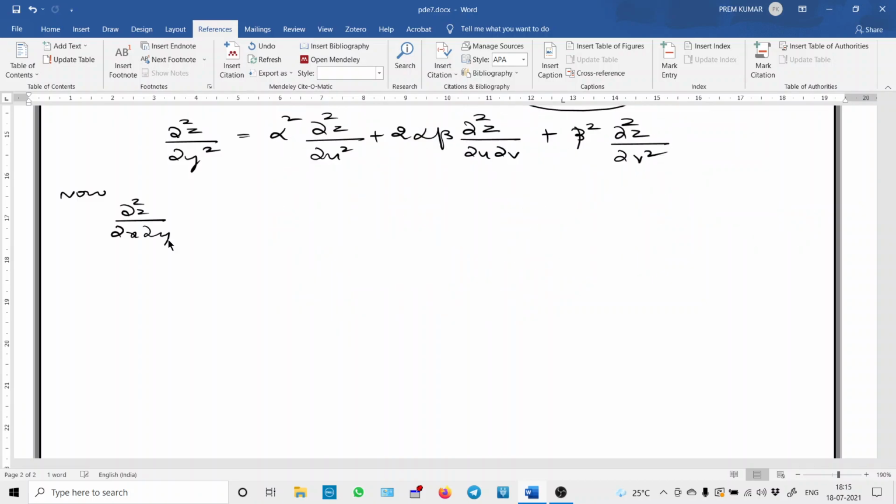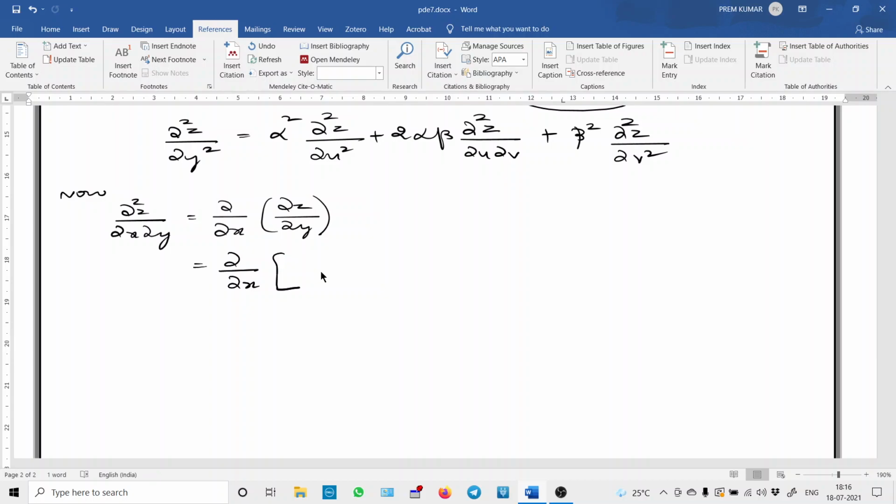This is the same as ∂/∂x of ∂z/∂y. Go to the expression for ∂z/∂y and write it there. It's nothing but alpha into ∂z/∂u plus beta times ∂z/∂v.